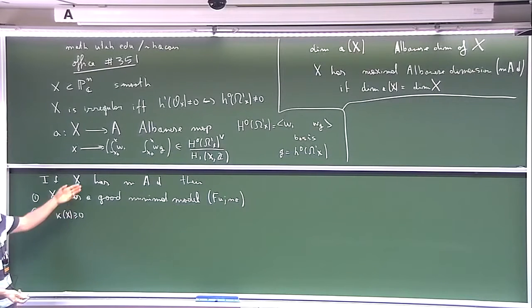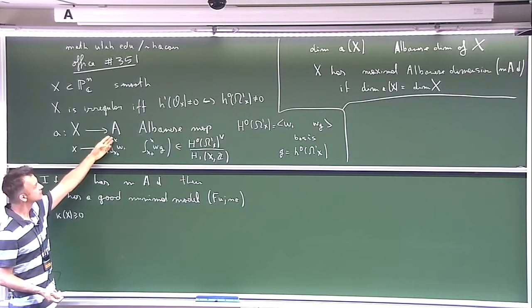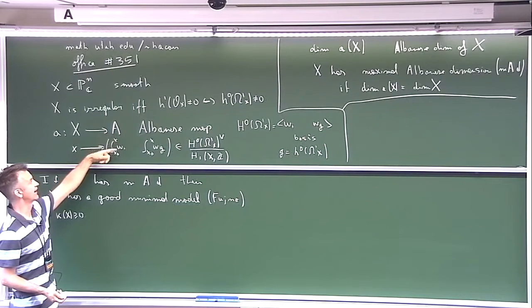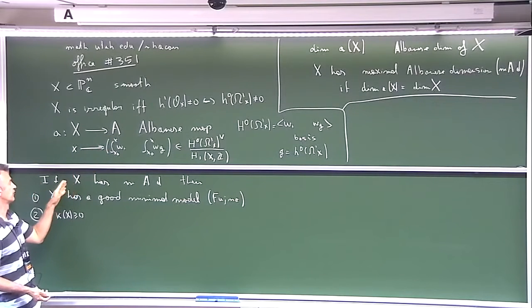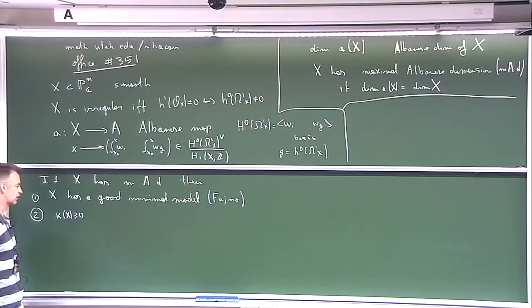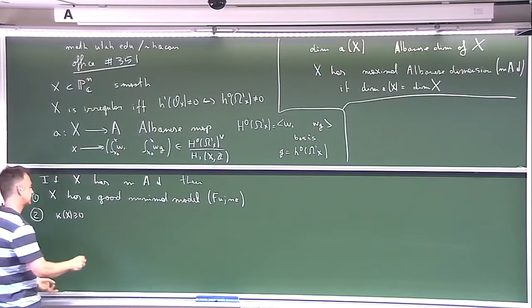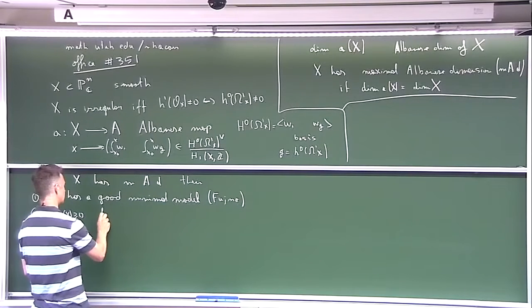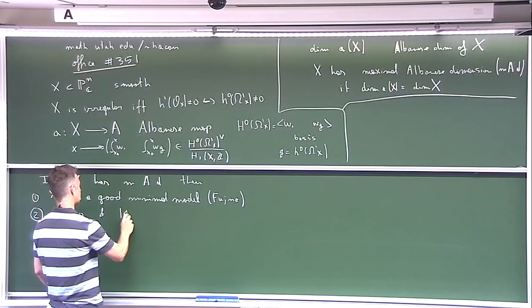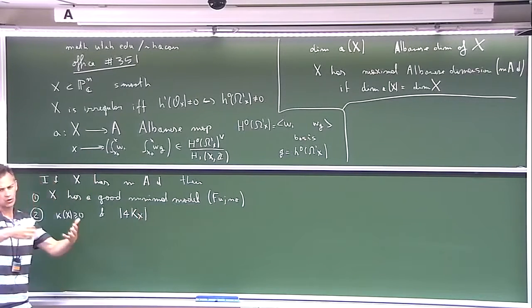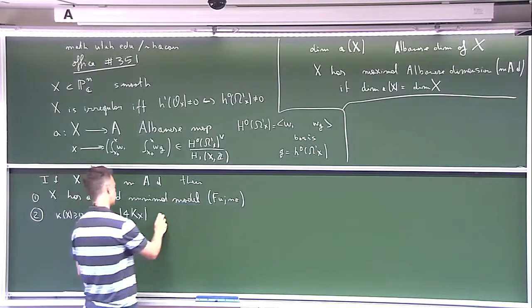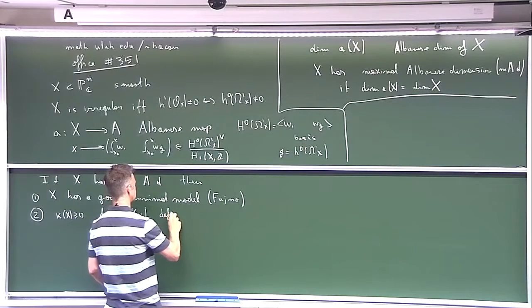You can just pull back a holomorphic n-form on A, where n is the dimension of X, to get a holomorphic n-form on X, and hence a section of the canonical line bundle. So this is a triviality. However, when I look at the linear series defined by 4 times the canonical line bundle, or any higher multiple, then this defines the Iitaka fibration.